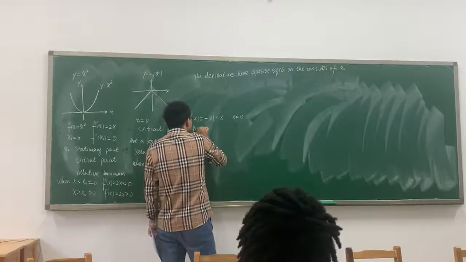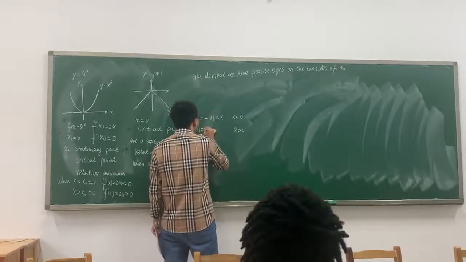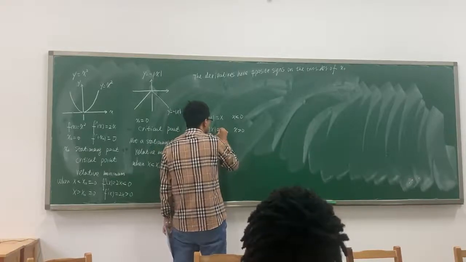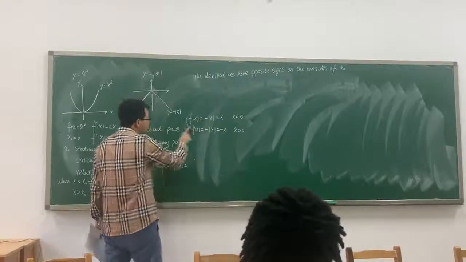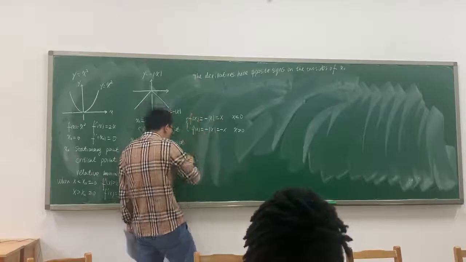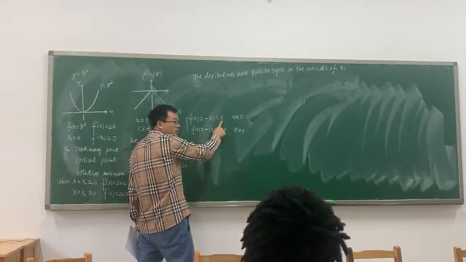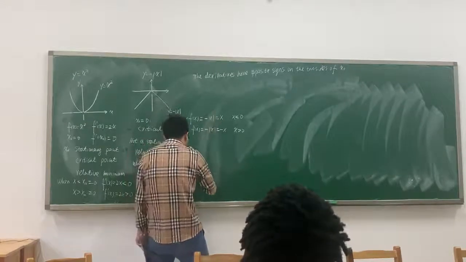When x is greater than 0, f of x equals minus absolute value of x, which equals minus x. So when x is less than 0, f of x equals x, so f prime x is 1, positive.